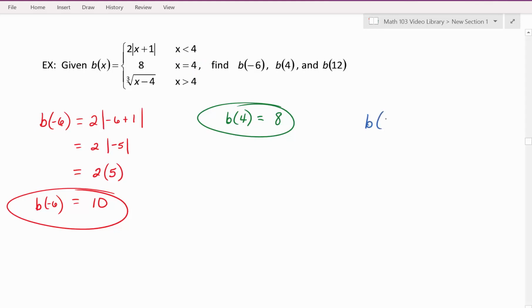Lastly, we want to find b of 12. We look at our x value of 12. We want to figure out which category it falls into. Is it less than 4, equal to 4, or greater than 4? 12 is definitely greater than 4. Therefore, we're going to use the cube root of x minus 4 when evaluating.